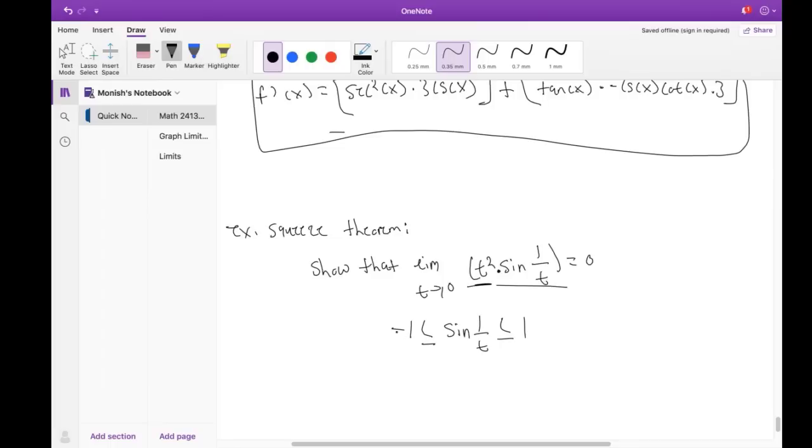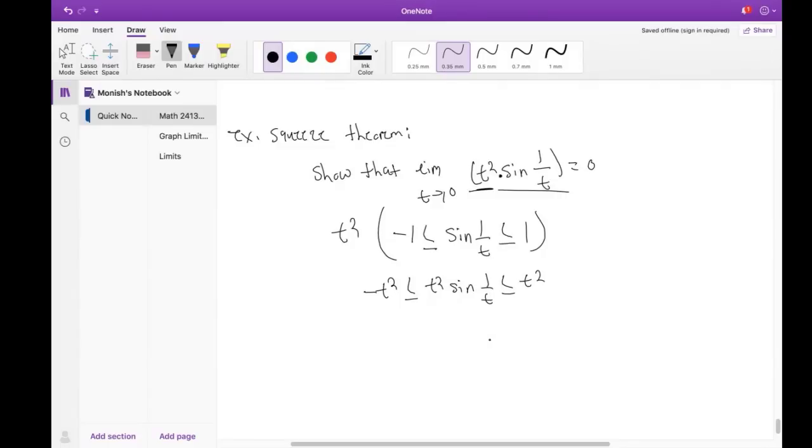So if I multiply everything by t squared, negative t squared is less than or equal to t squared sine of 1 over t, and that's less than or equal to t squared. My function is not just sine of 1 over t, it's t squared times it. I started by saying I know I have a sine function and I know the range is from -1 to 1, and then I multiply back in my t squared, so I can just multiply each component by t squared. That's just a property of inequalities from algebra.